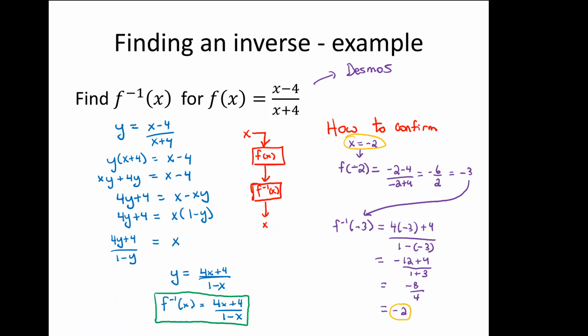I just chose that at random. There's nothing special about -2 other than it's a number that results in not creating a fraction. You could also choose x equal to 0. It's another number that won't create a fraction, and there's a whole bunch of other ones, like, well, don't pick -4. Let's see, -8 will work.